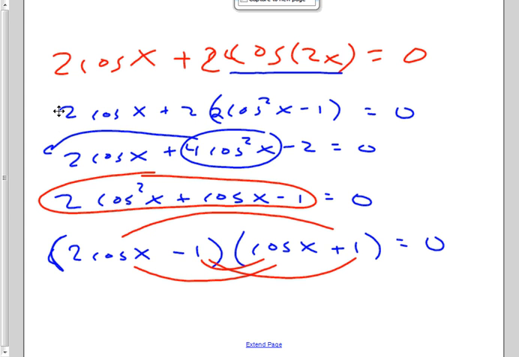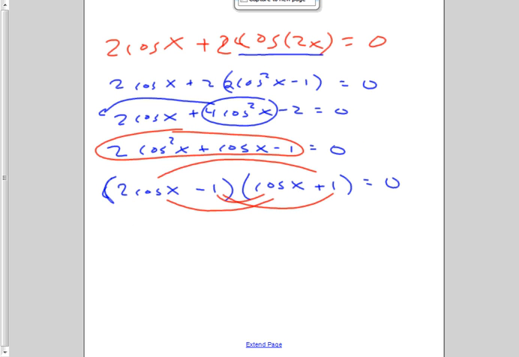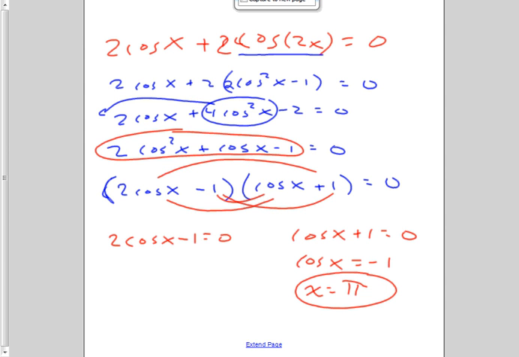But what that allows us to do is set up the following. We get 2 cosine x minus 1 must be 0, and cosine x plus 1 must be 0. Okay, so cosine x must equal negative 1. Where does that happen? That happens when x equals pi, or 3 pi, 5 pi, but let's just leave it there, when x equals pi.